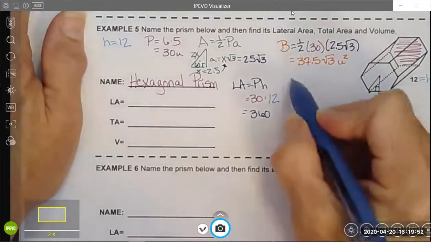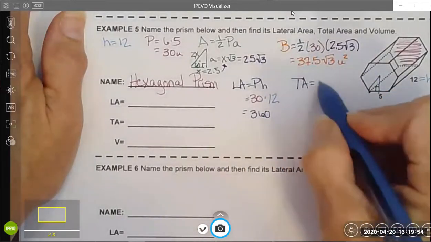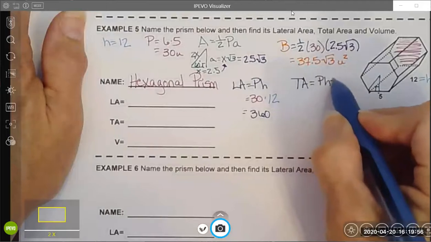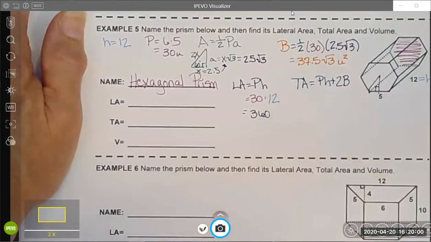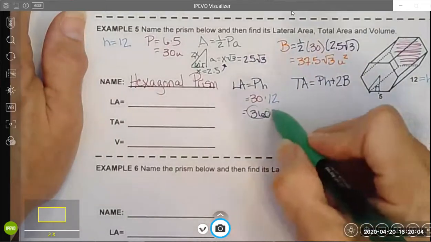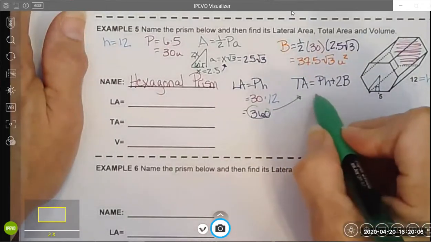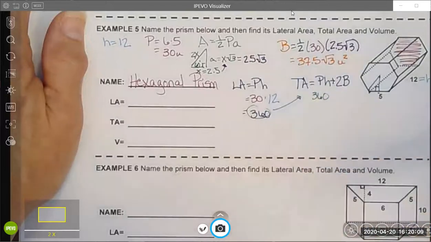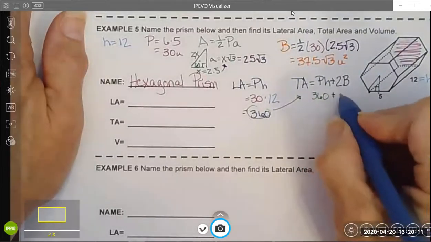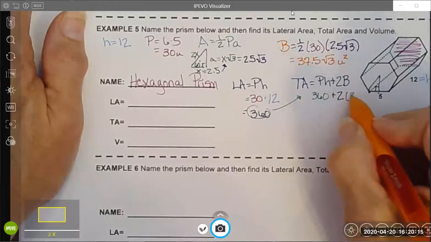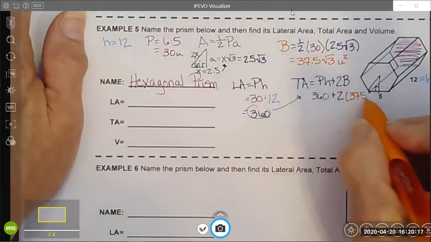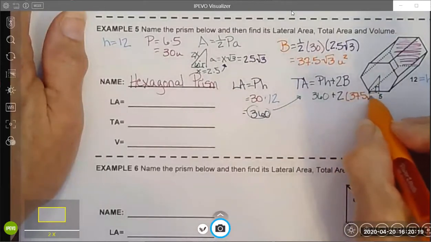To find my total area, that's going to be my lateral area plus 2 times the area of my base. We've already calculated lateral area, so I'm going to substitute that in rather than recalculate. And then to that, I'm going to add 2 times the area of my base, which we said was 37.5 square root 3.